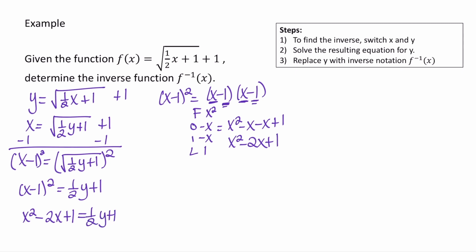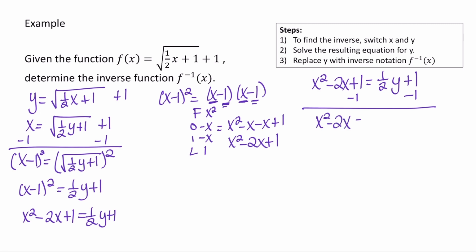So I'm out of room, so I'm going to continue solving over here. x squared minus 2x plus 1 equals 1/2 y plus 1. Remember, I'm still trying to get y by itself, so I'm going to start off by subtracting 1 from both sides. So that gives me x squared minus 2x equals 1/2 y. So now to get y by itself, I need to multiply by the reciprocal, which is 2 over 1.